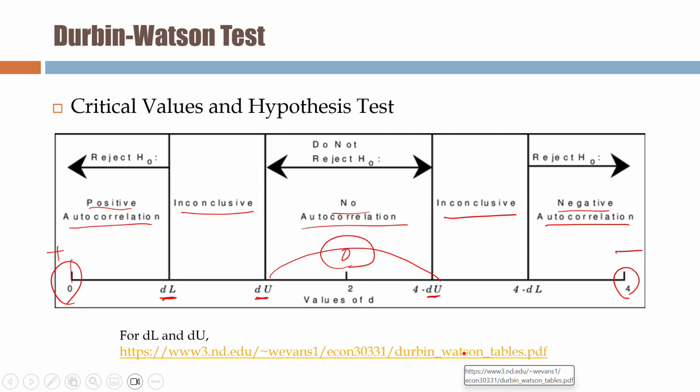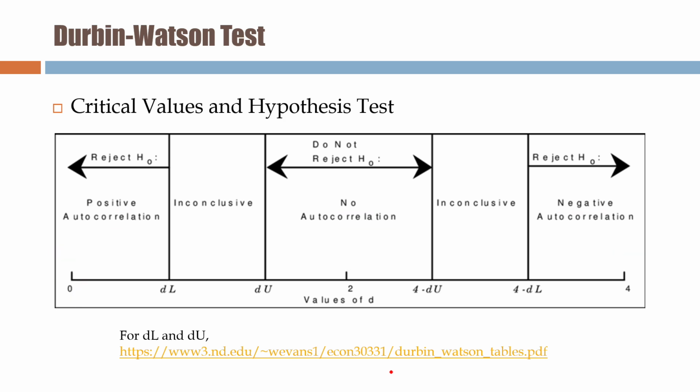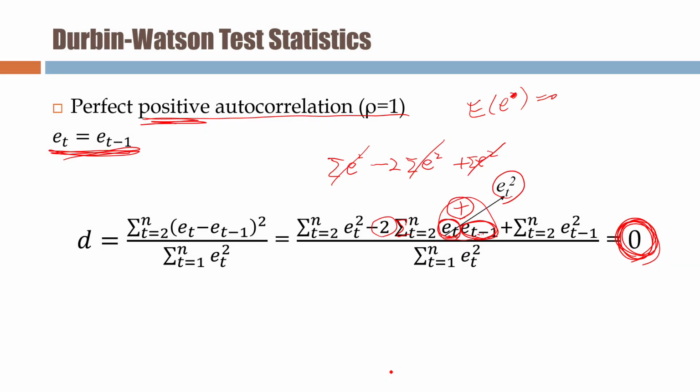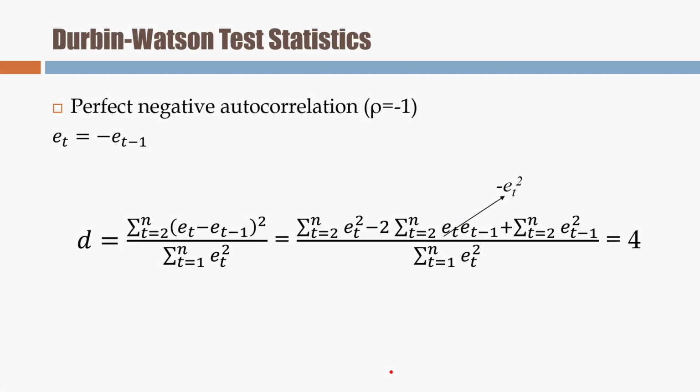Instead, we will get a p-value, so we can simply tell, according to the p-value, whether there is correlation or no correlation. You will see how we can get the DW test. Again, of course, we will not calculate this by hand.